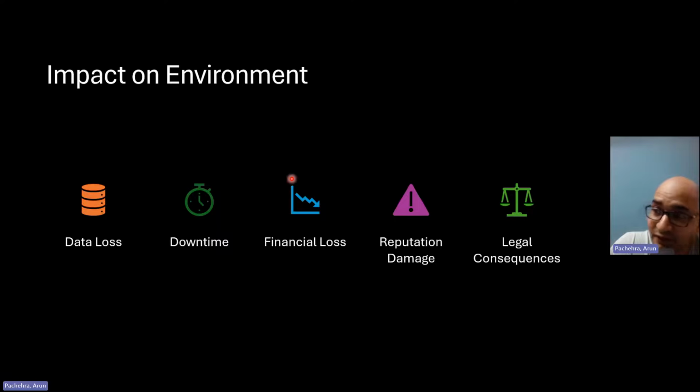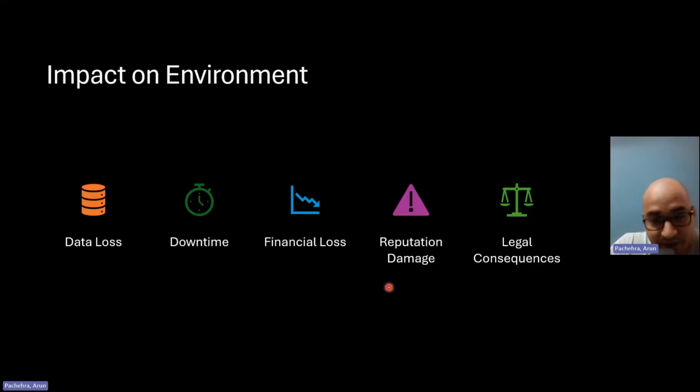There may be other kinds of financial losses if they are managing some kind of compliance, so they have to go through those penalties as well. And finally, their reputation is on the line. Trust with customers and partners could be severely impacted, and it is very difficult to get back to the same reputation if even a single incident happens.